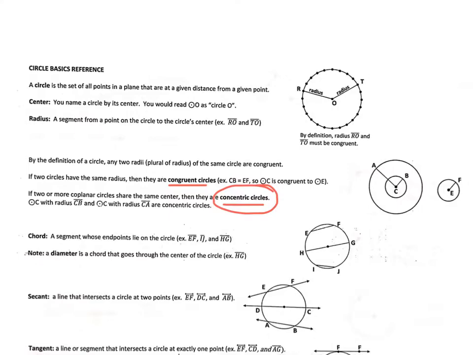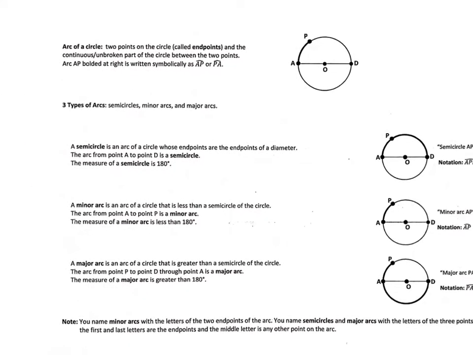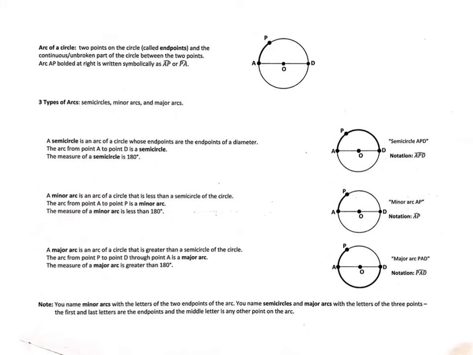Now, we didn't cover this in our slides, so please take a minute to read this page and figure out what the three types of arcs are. We have semicircle, minor arc, and major arc. Please read those definitions and try to figure out and underline what describes them. Take a minute, pause the video, and read this page.